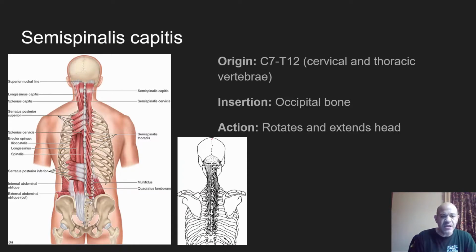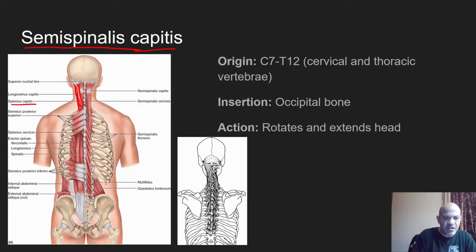The next muscle is also called capitis, and capitis refers to the head area, or action on the head. And this one is the Semispinalis capitis. This muscle is deeper to the previous one, so this one is deeper to the Splenius capitis. In this image, the Splenius capitis is represented there on the left side.